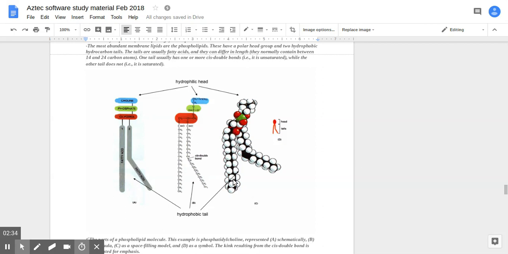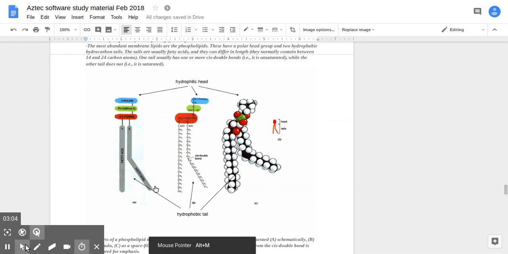This here shows the 3D diagram of how the molecule looks with the kink in it. So it's not perfectly linear, and this is the reason why the membrane is somewhat fluid and doesn't pack too closely, allowing it some flexibility and movement.